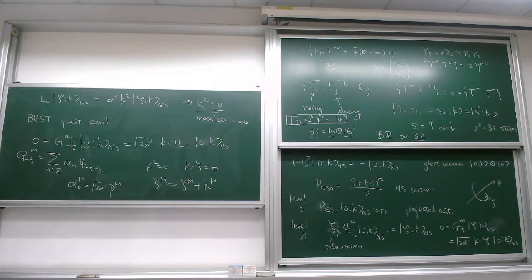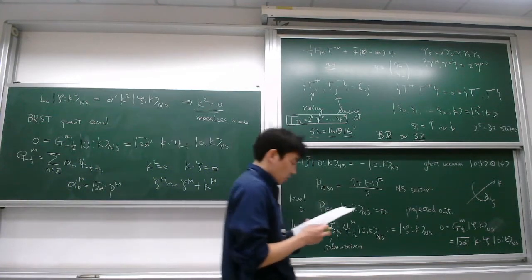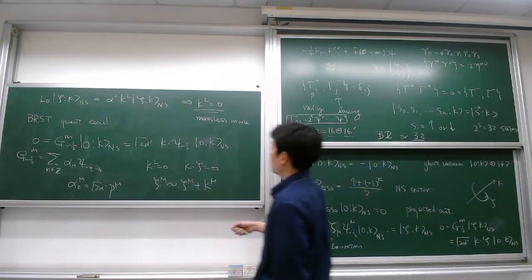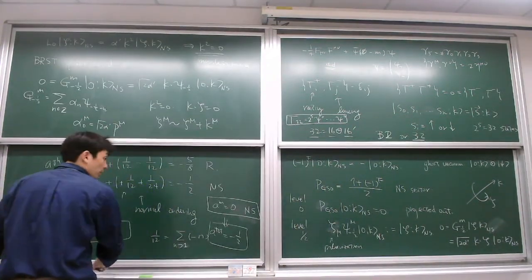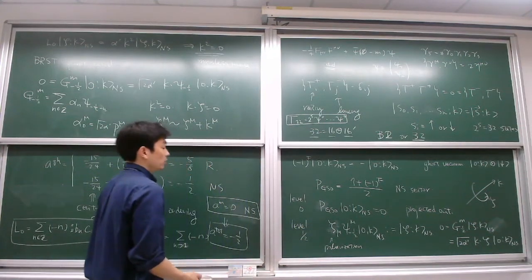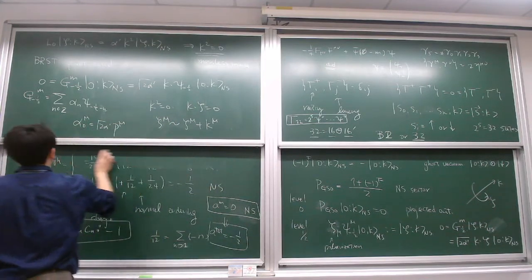Okay. So this is exactly the condition coming from the NS sector. And so it looks like you have 10 degrees of freedom, but once you impose this condition, you only have 8.